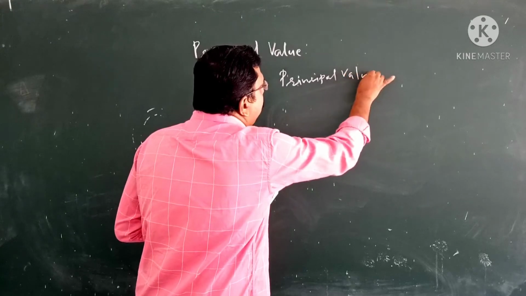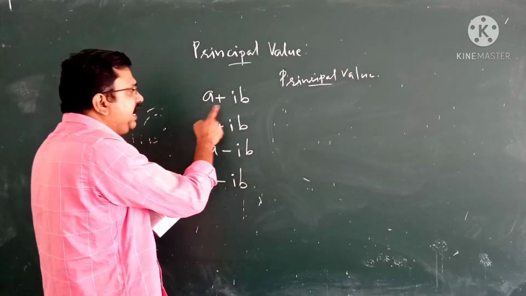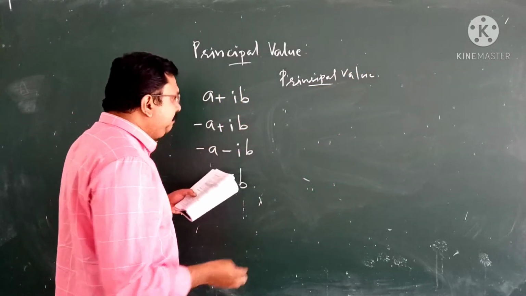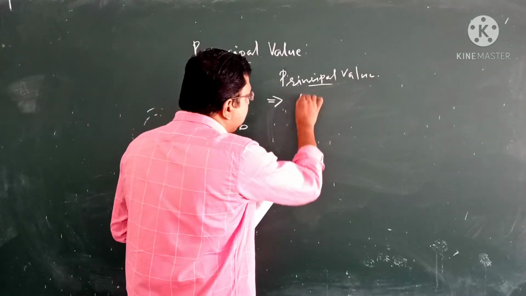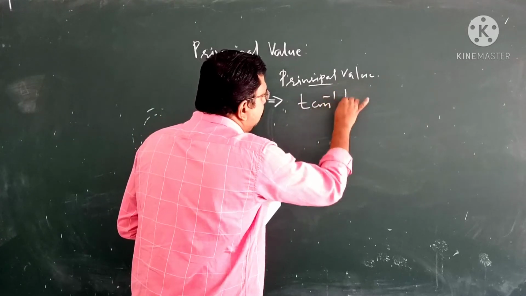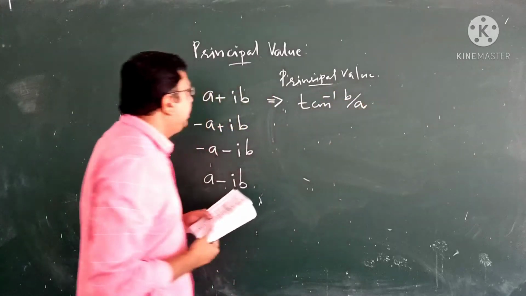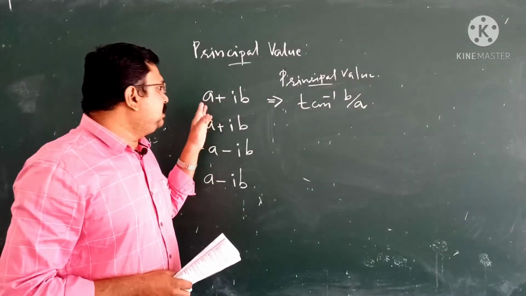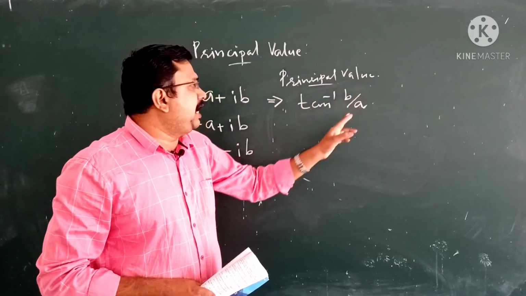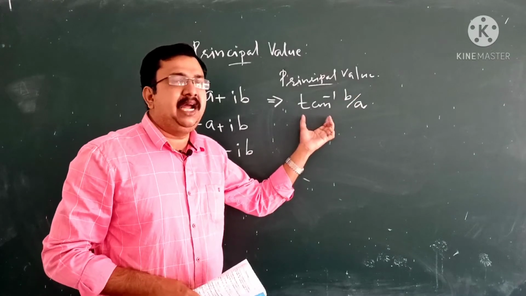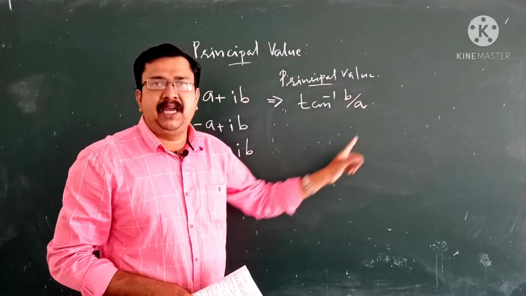If it is a plus ib, then the principal value is tan inverse b by a. Okay, if the complex number is of the form a plus ib, then the principal value can be calculated by using the equation tan inverse b by a.